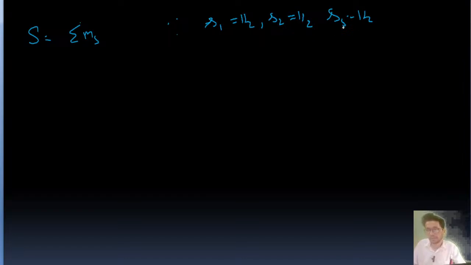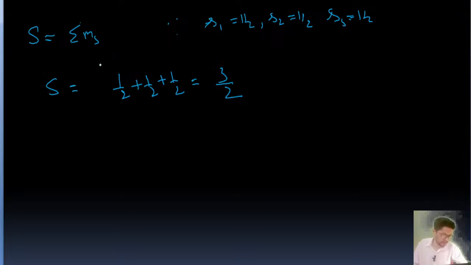So S is going to be sigma MS, half plus half plus half, so this is 3 by 2.